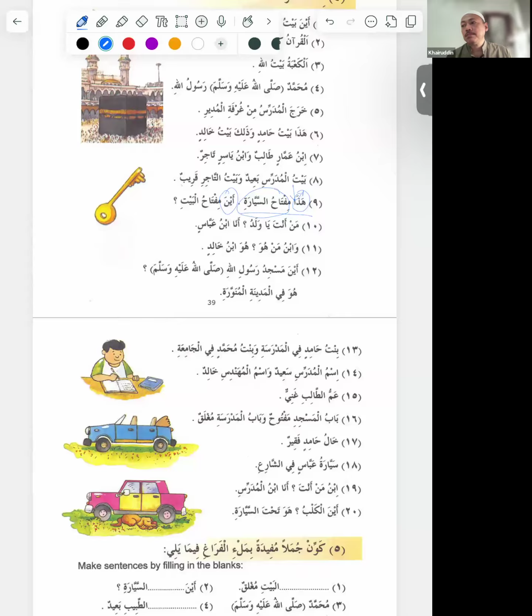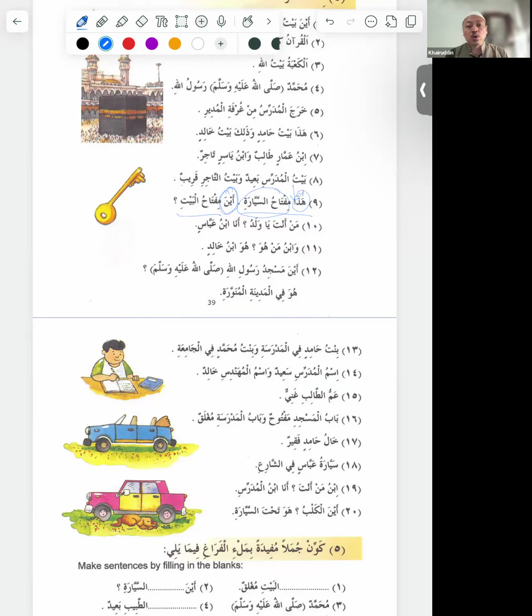This sentence structure is still known as mubtada khabar. It's still in subject predicate form. It's just that they've moved the predicate in front, aina, and they've put the subject following the predicate, miftahul bayti.